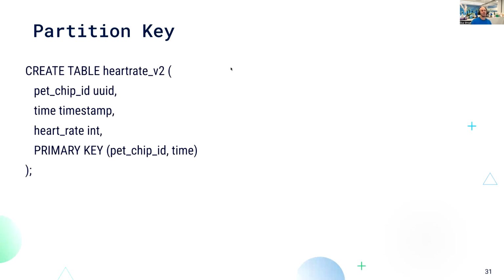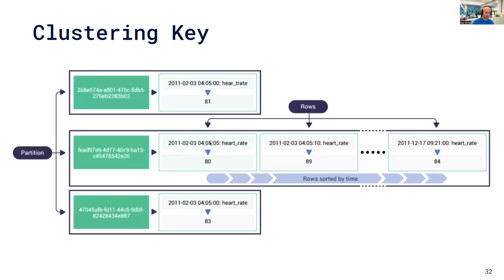And here we create another table, heart rate V2. We have the same three columns, pet chip ID, time, and the heart rate. However, this time, the primary key has two parts, pet chip ID, which is the partition key, just like we saw before. But this time, we also define a clustering key. And the clustering key is the time. What does that mean?